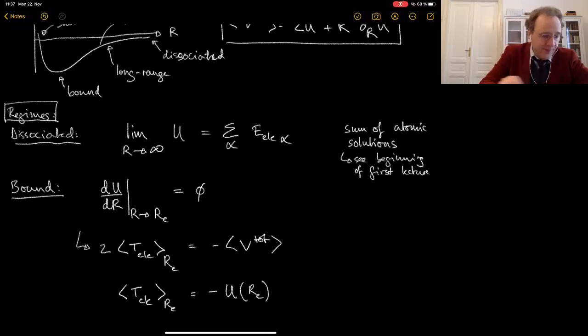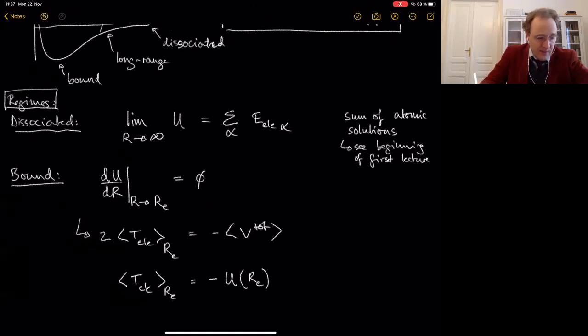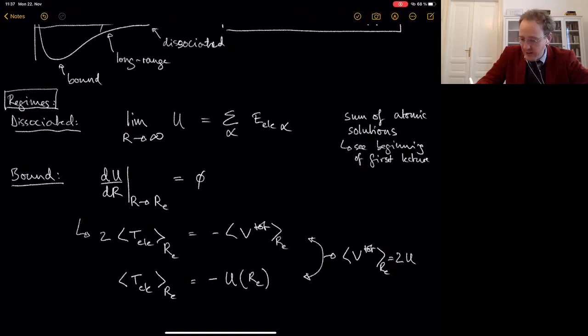And furthermore, these then result in our total potential energy at Re. So all at Re must be equals 2 times our total potential energy.